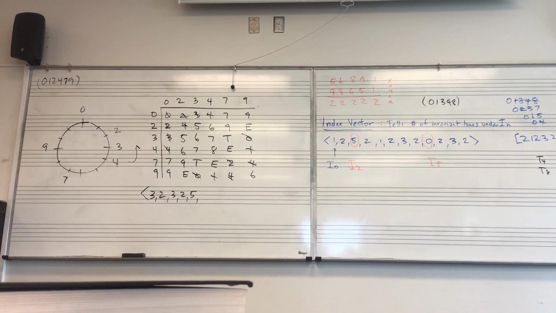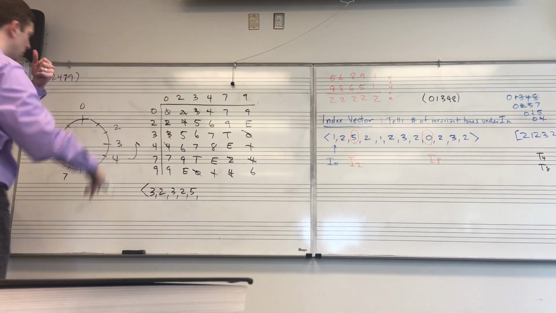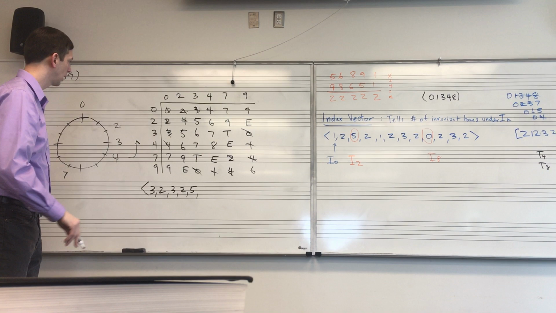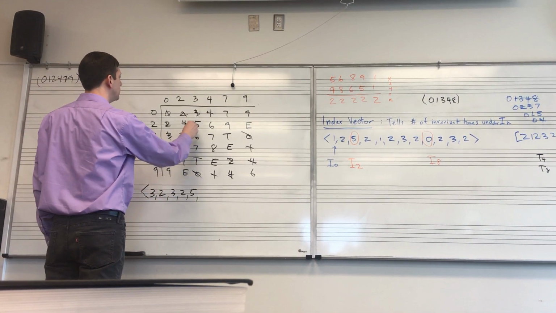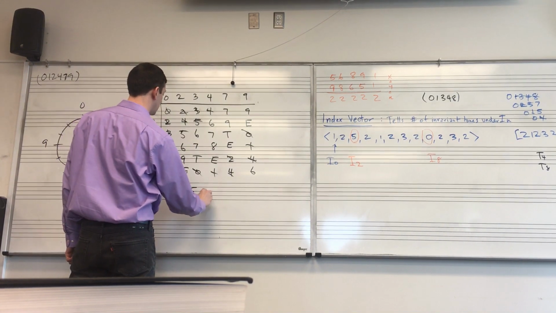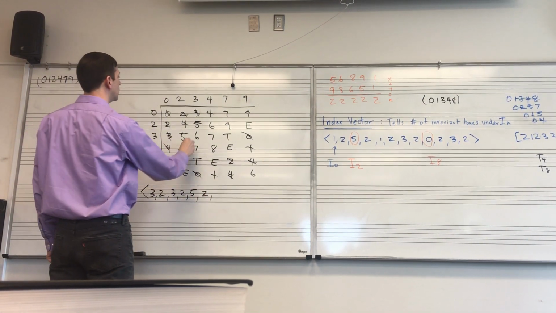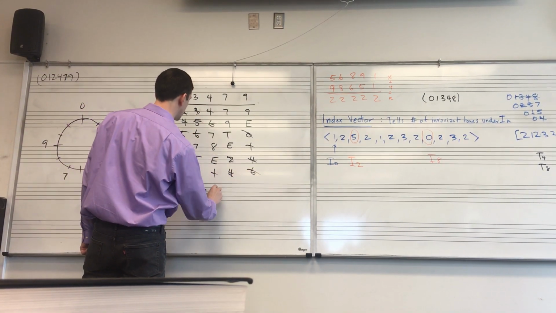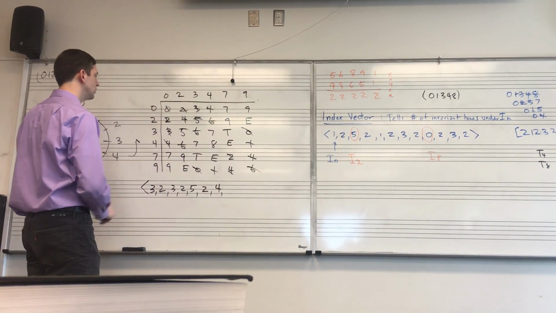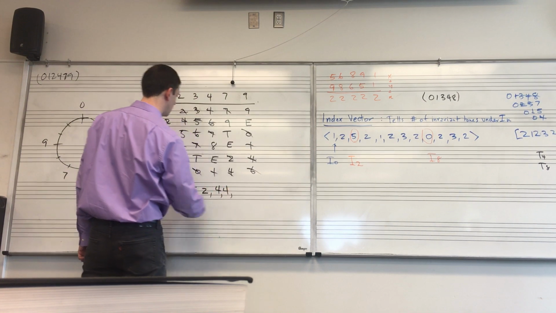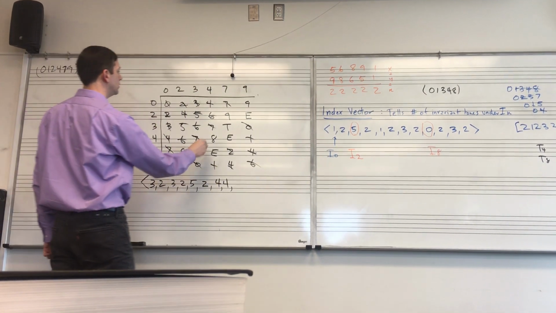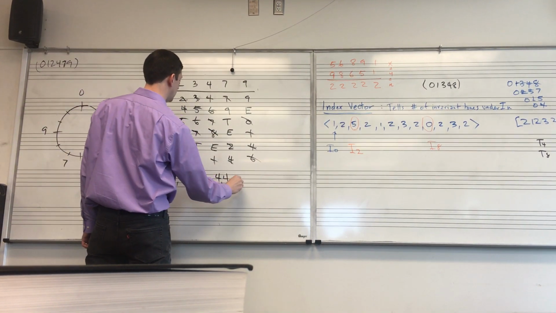Fives: two 5s, I think. Sixes: 1, 4, 3, 4. Sevens: 3 or 4. Eights: 1 right in the middle.